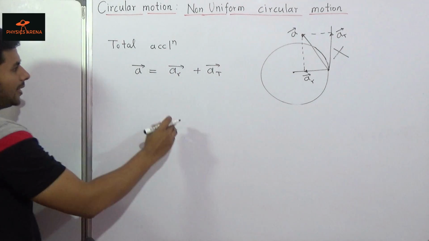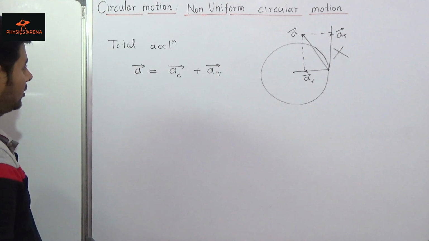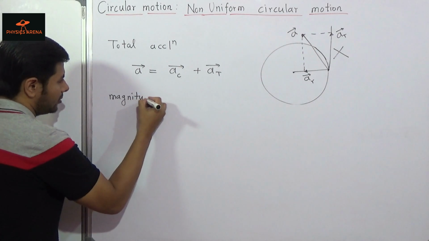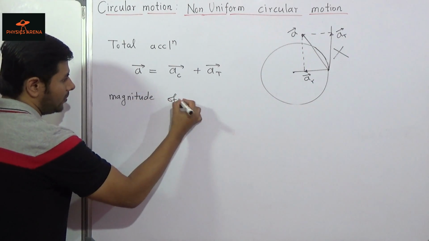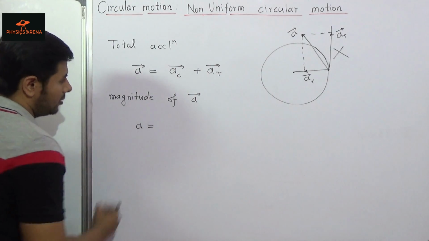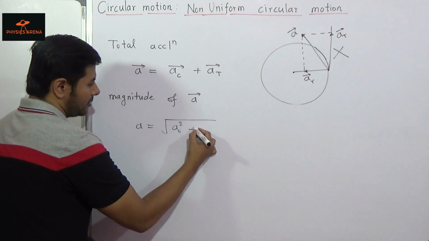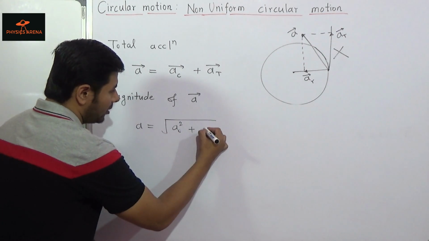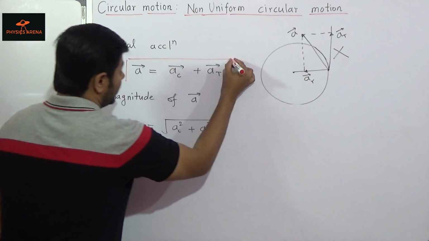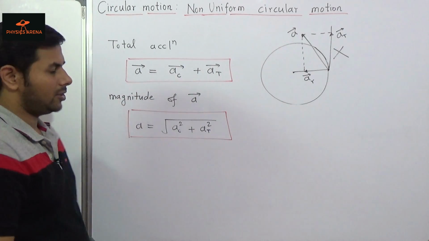Ar bar is radial acceleration, or let's write ac bar only, and the magnitude of total acceleration will be given by the square root of ac square, centripetal acceleration square, plus tangential acceleration square. So this is the total acceleration if the circular motion is non-uniform.